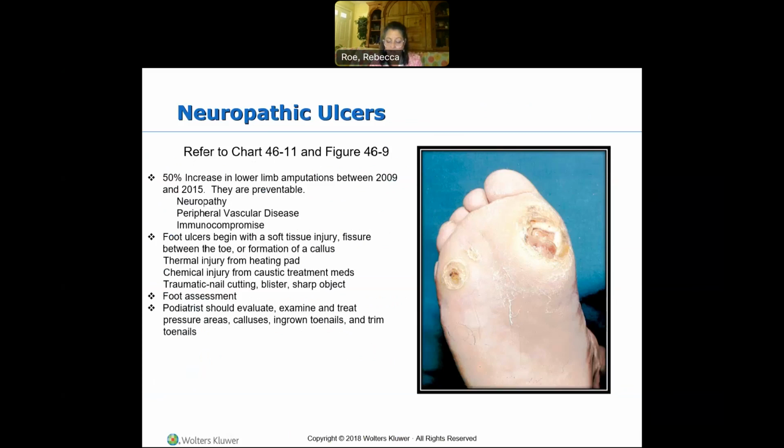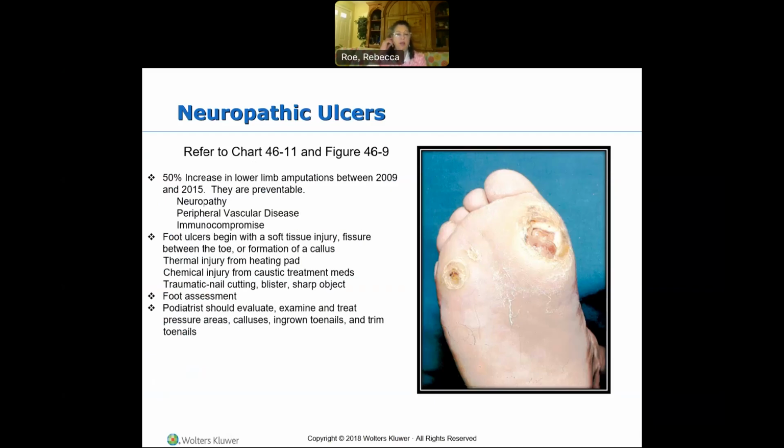With these neuropathic ulcers, we've seen a 50% increase in lower limb amputations between 2009 and 2015. And I'm letting you know that salvaging lower limbs from amputations is possible; these are preventable if diabetics are managed properly.